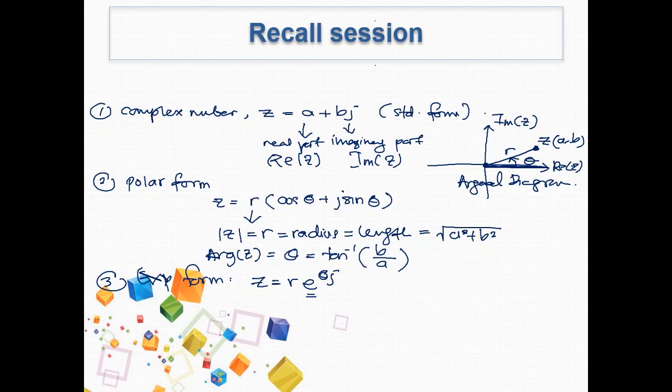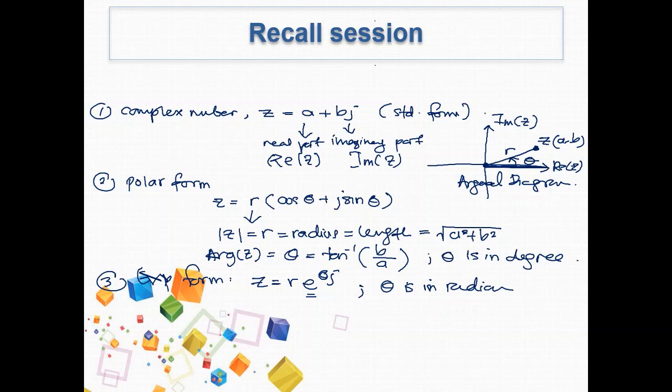In exponential form, theta is in radians. In polar form, theta is in degrees. So you check back your previous slide on this, where I have mentioned in detail about theta in degrees and theta in radians.